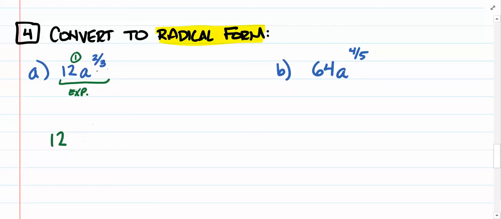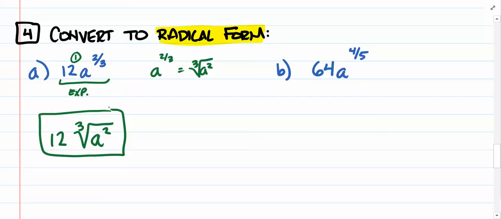This is going to be equivalent to the cubed root of a squared. Because remember, a to the 2/3 can be written as the cube root of a squared. That's that rule that we just learned back in box number 3. So 12 times a to the 2/3 is equivalent to 12 times the cube root of a squared.